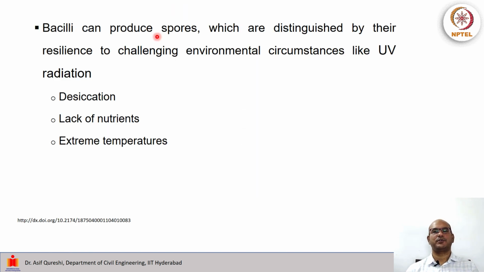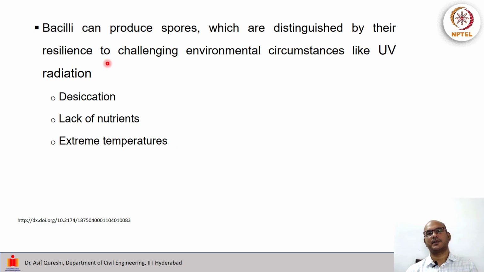Bacilli can produce spores which are distinguished by their resilience to challenging environmental circumstances such as the UV radiation. These bacilli and bacteria can be stressed by desiccation, lack of nutrients, and extreme temperatures.